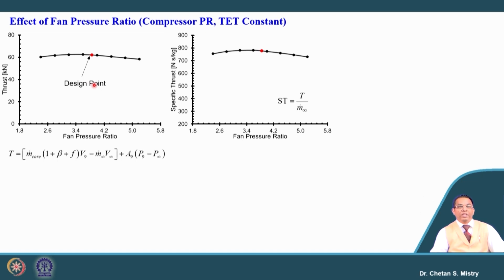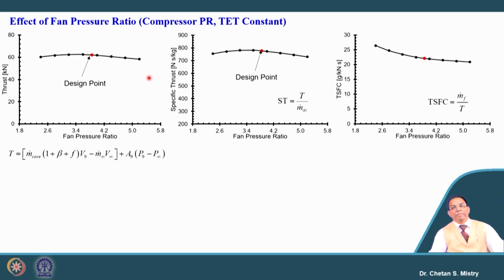The next parameter is specific thrust. In this case we get a similar trend as the thrust, because it is thrust divided by the entry air mass flow rate, which is constant. That is why specific thrust reduces with increase of fan pressure ratio.